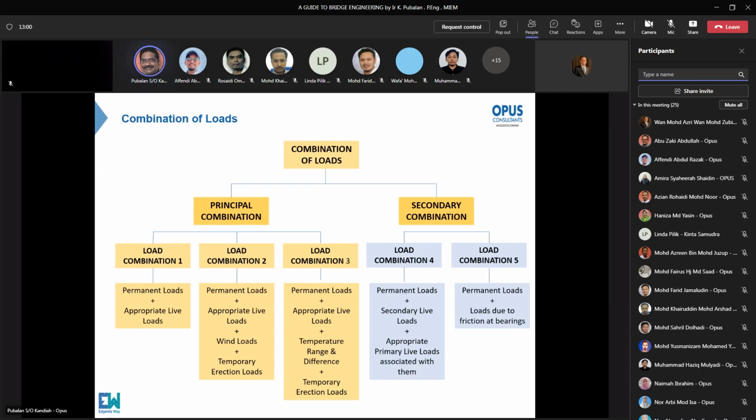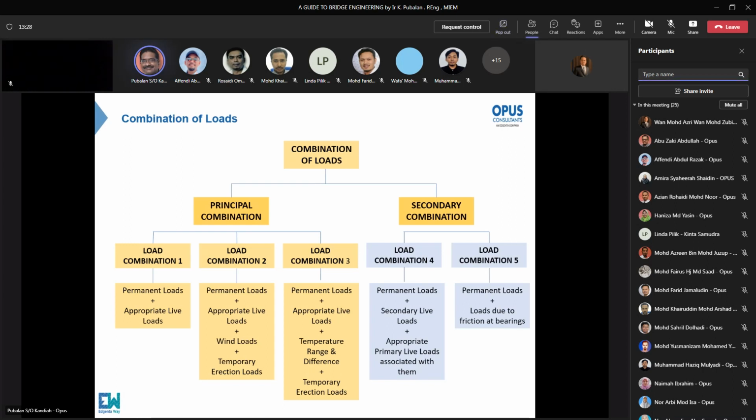And at many instances, there have been cases where they have missed out temporary erection loads. If you come across during construction work, where you have a situation at site, there is a collapse or there is some mishaps and accident, that is normally due to temporary erection loads.